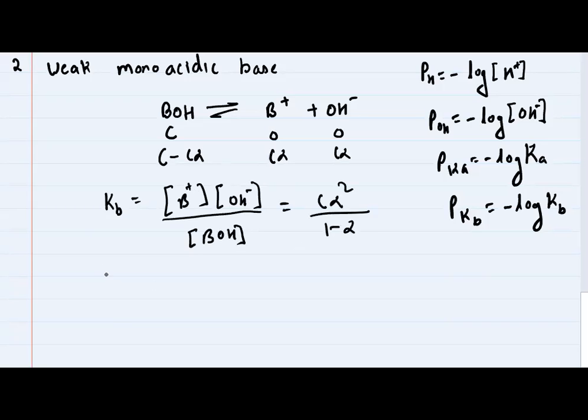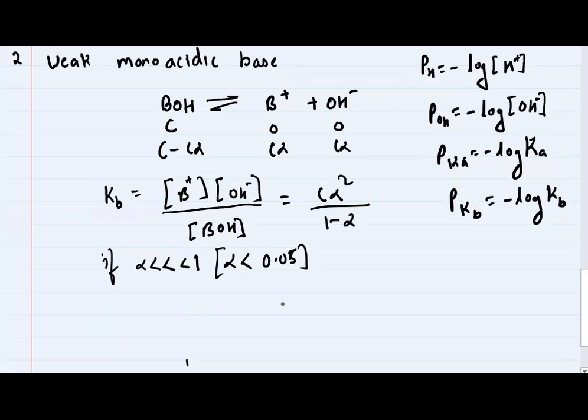Again, same thing. If alpha is very much less than 1, which is alpha should be less than what? It should be less than 0.05 usually, right? But you can use it for higher values also, it doesn't matter. It should not be like 0.5 or 0.4, 0.3. It should be less than that. Now, this will become C alpha square.